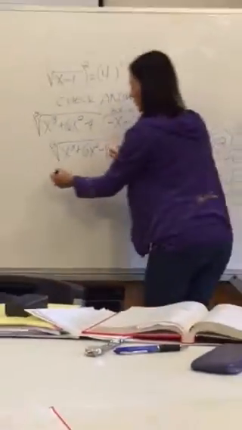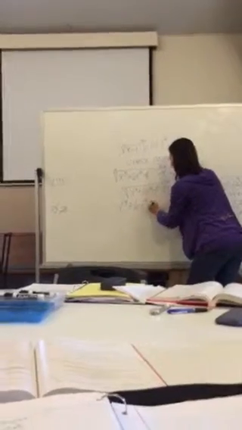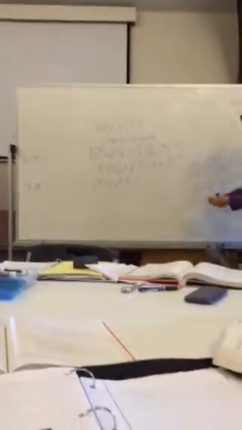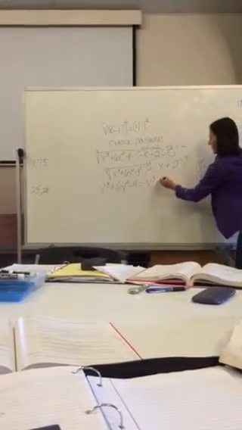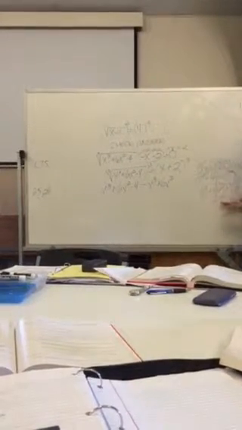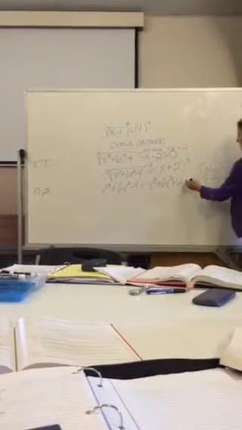All right? Uncubing this, I'm left with x cubed plus 6x squared minus 4 equals x cubed plus 6x squared plus 12x plus 8.